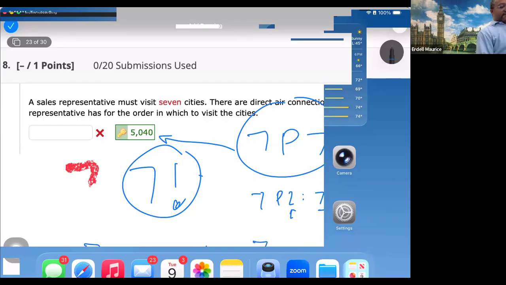If I had 7P5, that's going to be 5 numbers: 7 times 6 times 5 times 4 times 3. So then what's 7P7? 7P7 is going to be 7 numbers, all 7 of these numbers. And that's why the two things are the same answer.